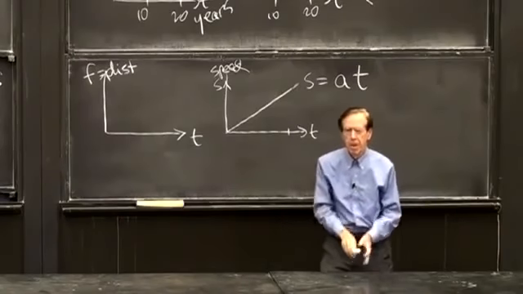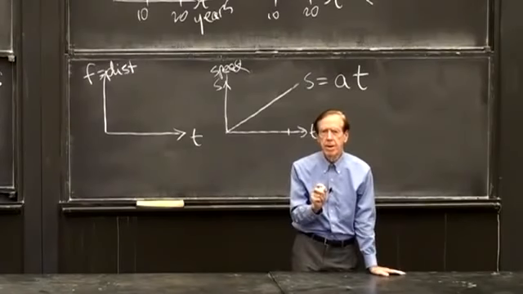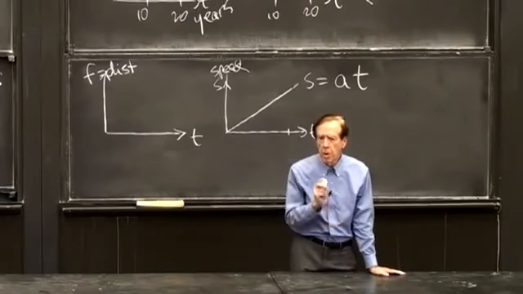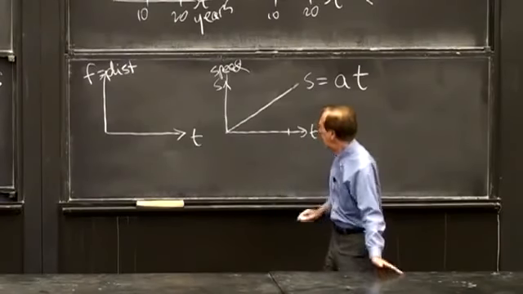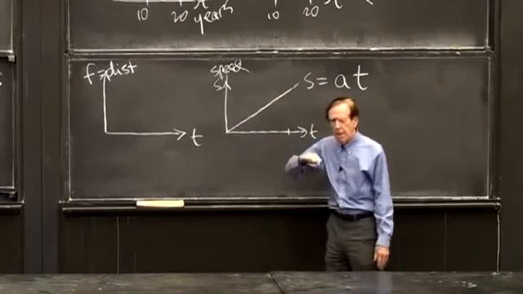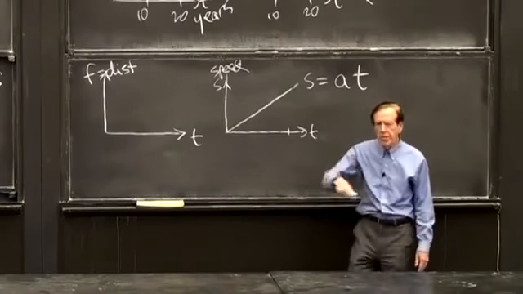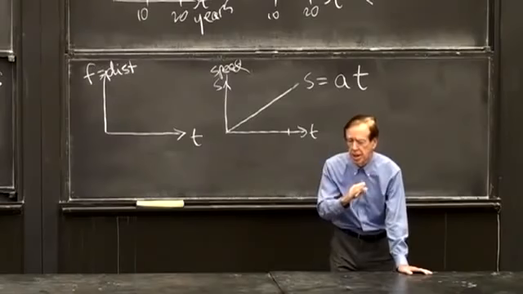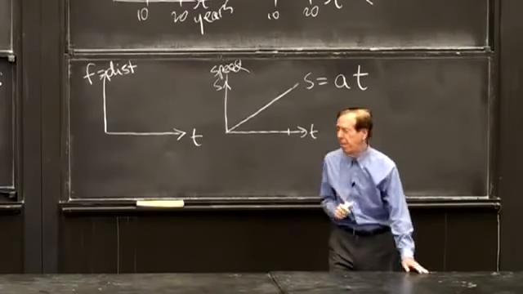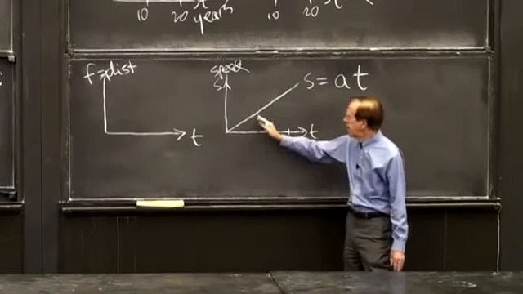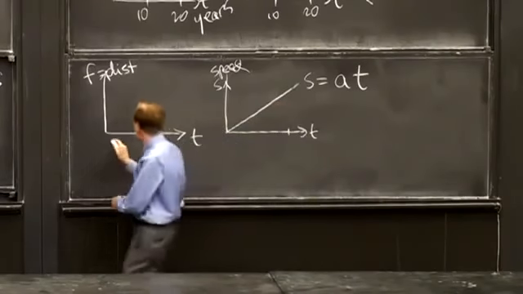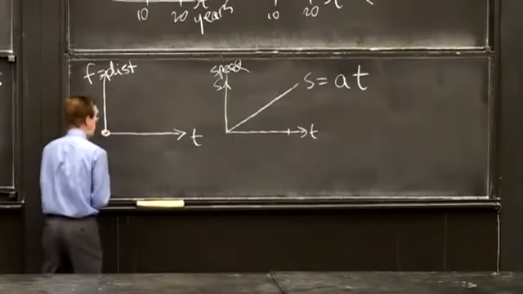Now, think about the distance. What's happening with distance? If you're accelerating, you're going faster and faster, you're covering more and more distance more and more quickly. If this is slope, the slope is increasing. Let's start the trip meter at 0.